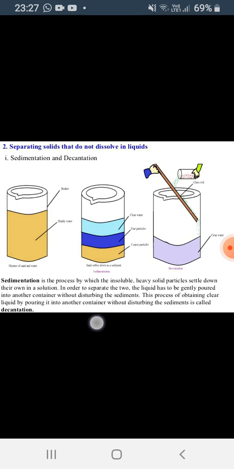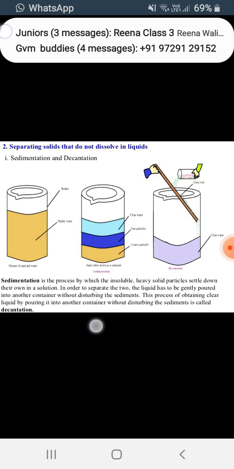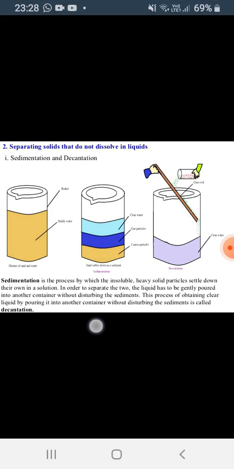So, sedimentation is the process by which we can separate the insoluble heavy solid particles that settle down on their own in a solution. As I gave you the example of muddy water, after some time the mud gets settled down at the bottom of the beaker, and you can separate the mud from water. Is it clear? So when the mud gets settled down at the bottom of the beaker, that process is sedimentation.